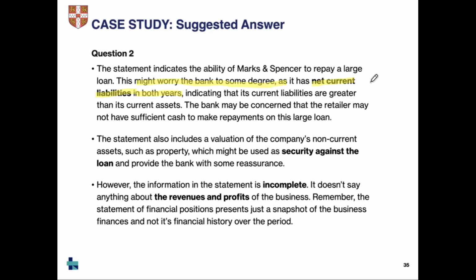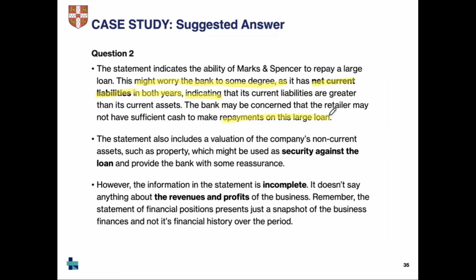It has net current liability. It doesn't have net current assets. Because the liabilities are more than the assets, it has net current liabilities. So it has a negative working capital, which indicates that its current liabilities are greater than its current assets. The bank may be concerned that the retailer may not have sufficient cash to make repayment for this large loan. So that's the first negative thing that we are looking at.